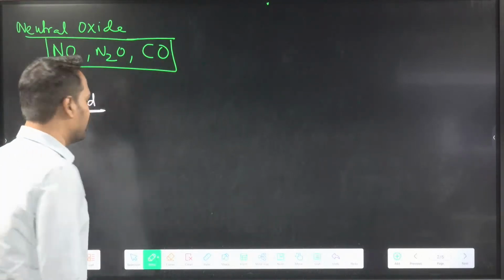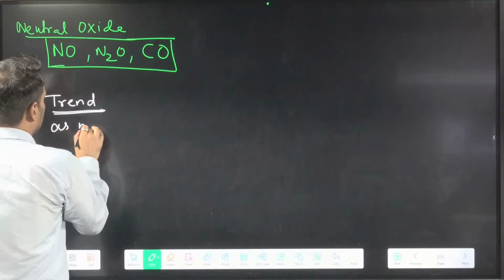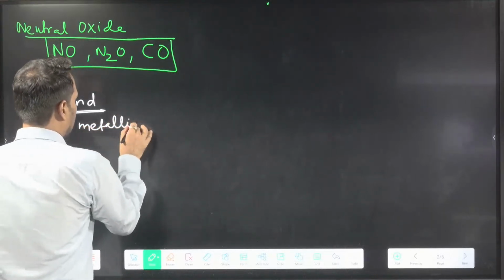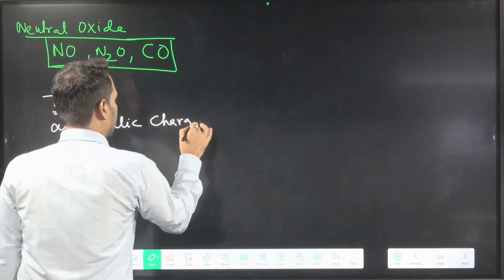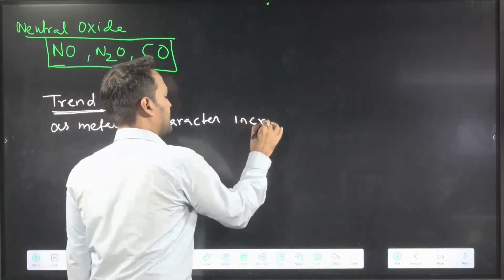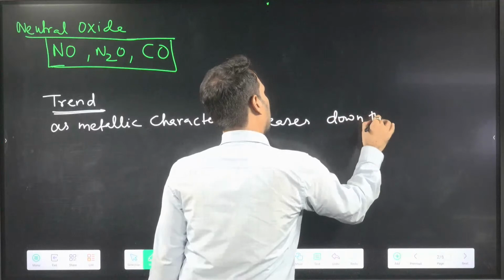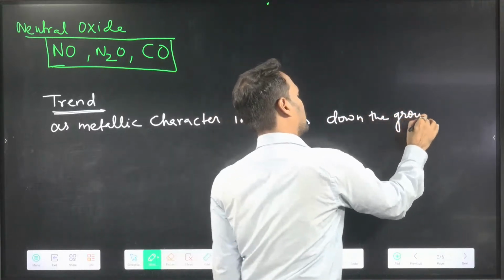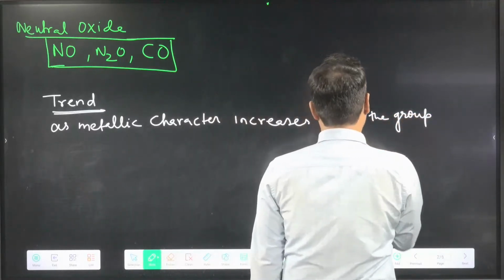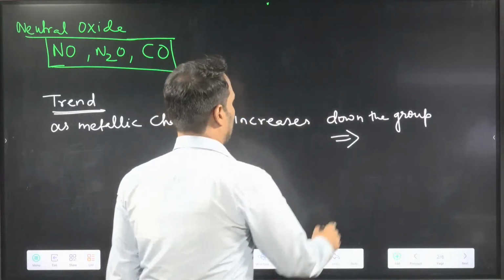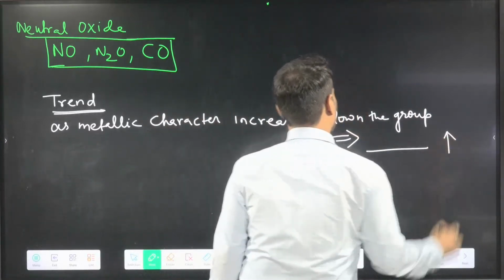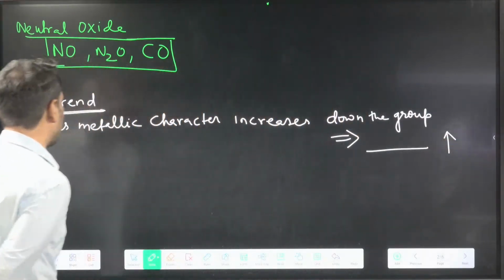You say that as metallic character increases down the group, what will increase? Can you tell? Dash increases. If I write like this, then what is the dash?